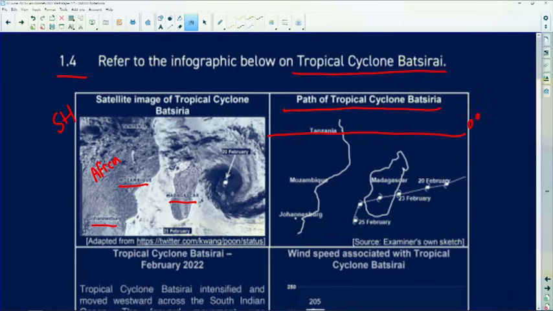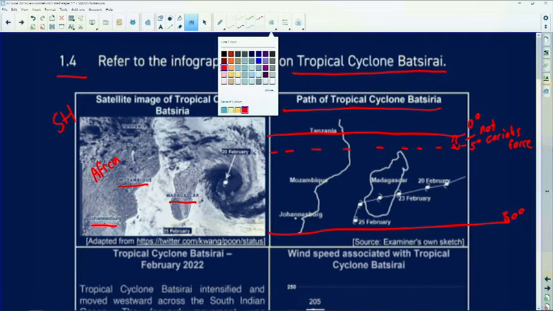Now, very important tip, remember, tropical cyclones can't form between 0 and 5 degrees north and south of the equator in this area because there's not enough Coriolis force. And the wind belt that we experience from 0 degrees to 30 degrees, there's the 30-degree latitude line. I'm just going to use a different color pen quickly.